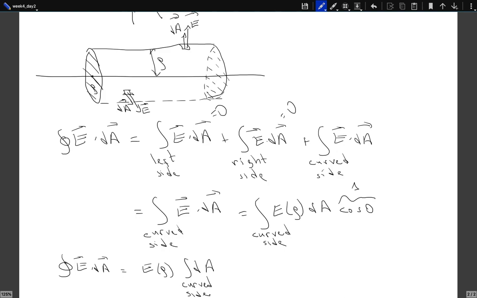Well, what is the area of that curved side? The area of the cylinder. Yes, I hear some 2 pi r's.